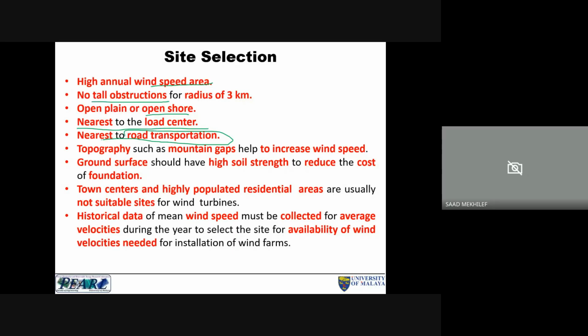Because you imagine the blades. Some of the blades are 250 meters. How are you going to transport something of 200 meters or even 100 meters? Don't forget about 200 meters, let's talk about 150 meters, because the current ones are around 150 meters. How are you going to transfer something with a length of 100 or 150 meters?